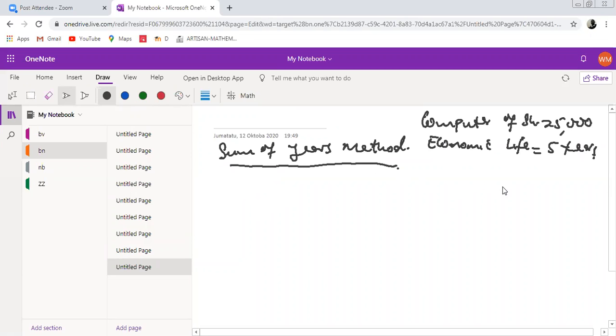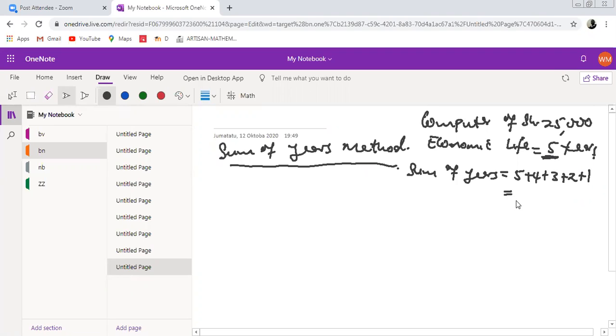What you need to do here is add these years. Sum of years will be equal to 5 plus 4 plus 3 plus 2 plus 1. You add from this year, reducing by 1 up to 1.